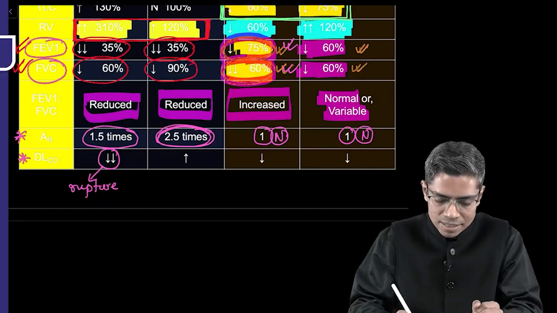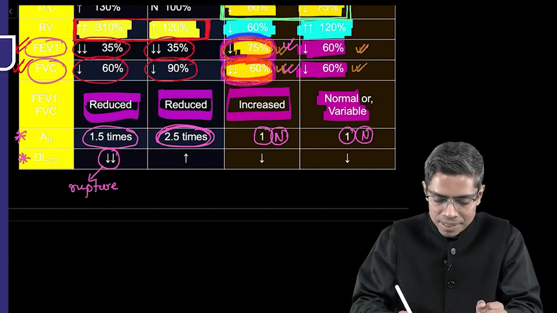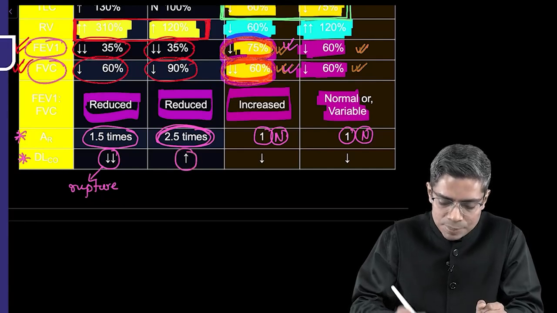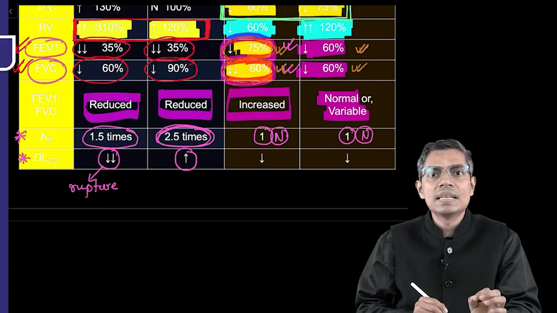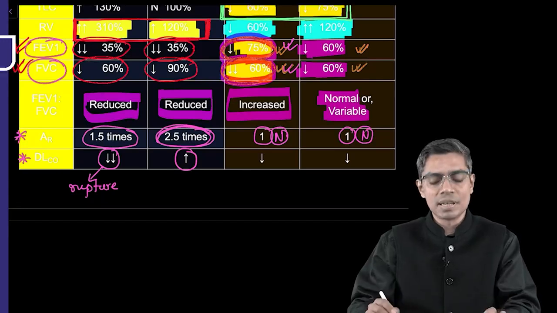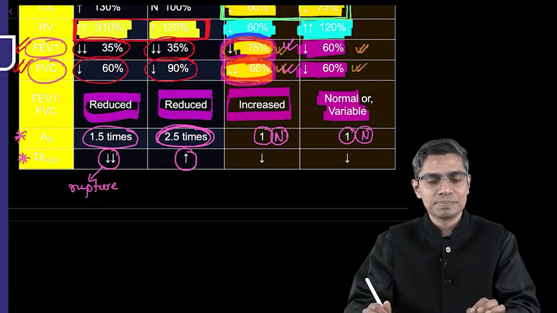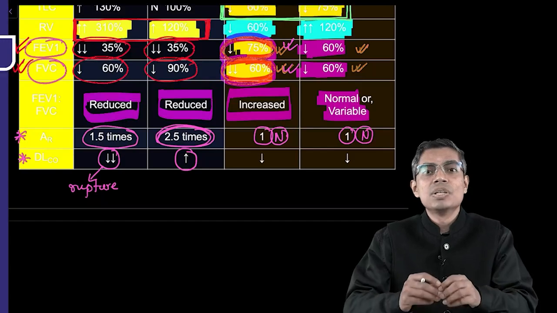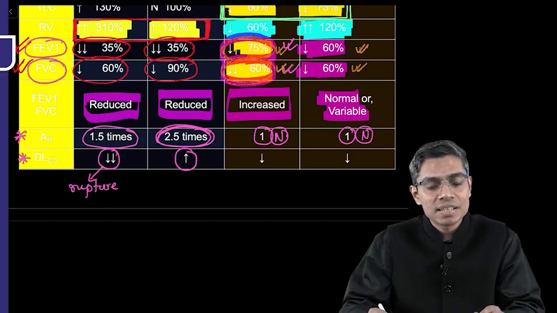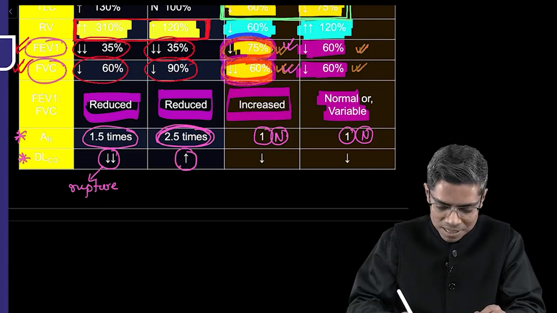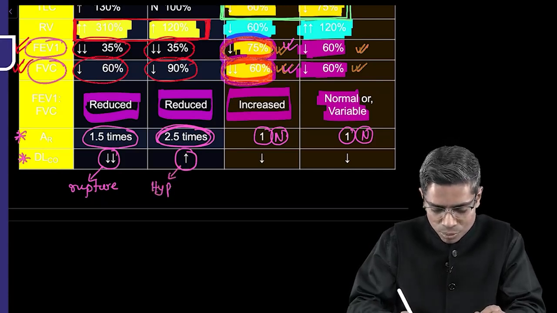In case of asthma, you know that here the diffusion capacity is increased compared to normal. Why is there an increase in diffusion capacity in case of asthma? Right, this is due to hyperinflation of the lung. So please remember, this is due to hyperinflation of the lung.